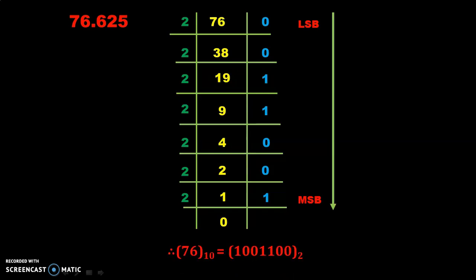So for the decimal integer value 76, we have received the equivalent binary number 1001100.